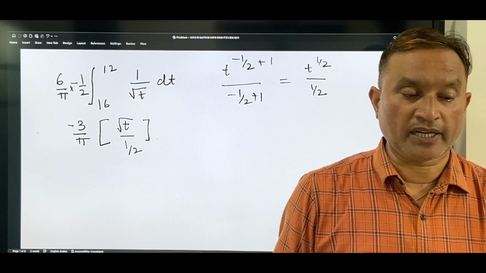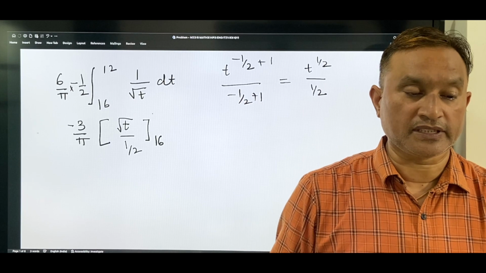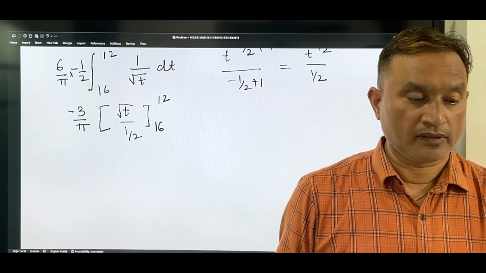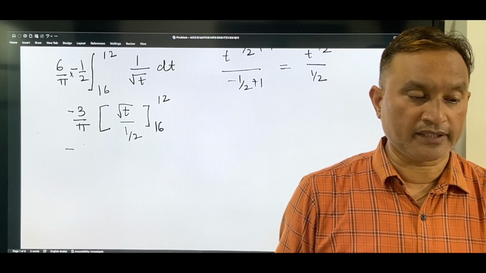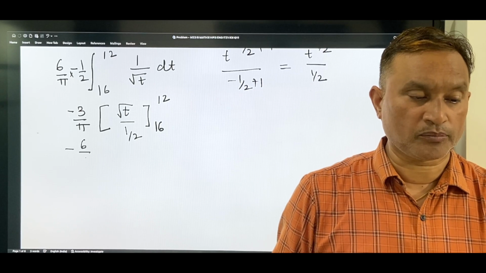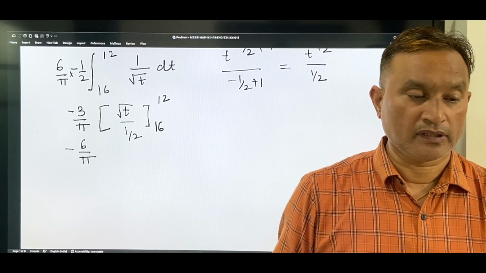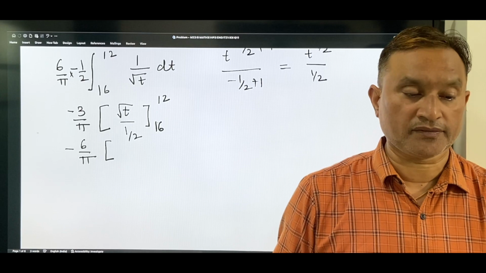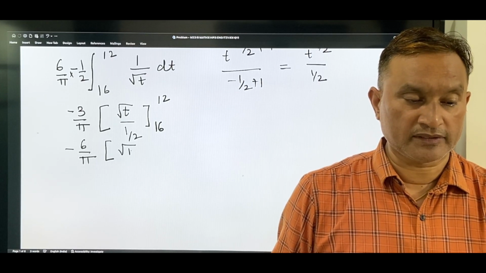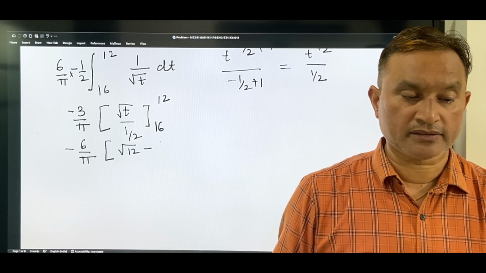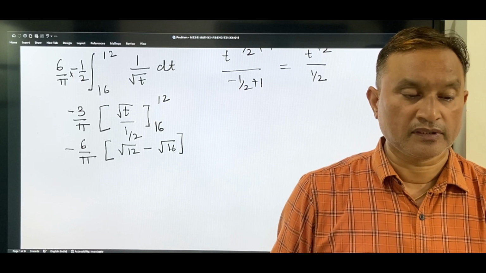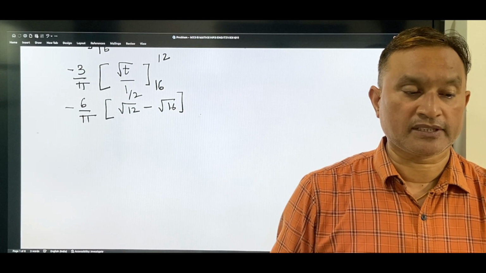So now we will apply the limits, upper limit 16 and lower limit 12. When you simplify, we will write here minus 6 upon pi, and inside the bracket we will be getting root 12 minus root 16. We can further simplify this.